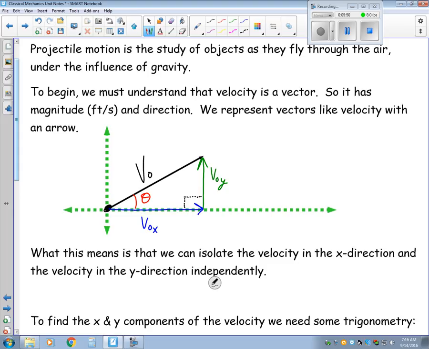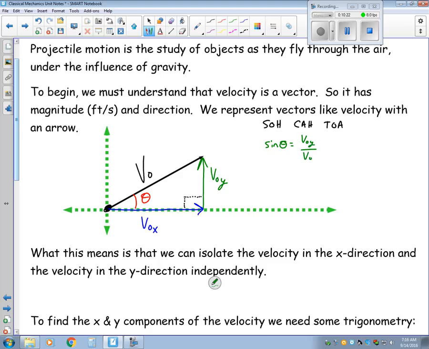So what Sohcahtoa says is sine is opposite over hypotenuse, cosine is adjacent over hypotenuse, and tangent is opposite over adjacent. So we can write out some formulas. For instance, sine of my angle equals opposite over hypotenuse. Looking here, my opposite is v naught y, my hypotenuse is v naught.